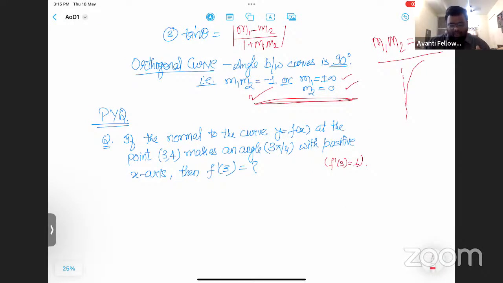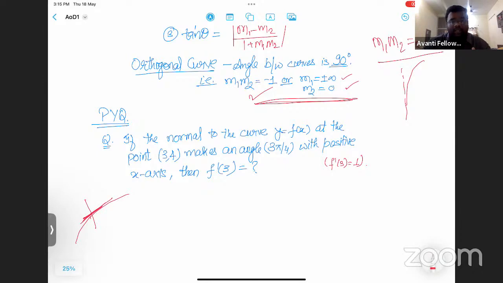The question is a previous year question. It is given that the normal to the curve y is equal to f(x) at the point (3, 4) makes an angle 3 pi by 4 with the positive x-axis, then f dash of 3 is equal to what? Basically, you are given some curve, and there's a normal to this curve y is equal to f(x) at the point (3, 4).